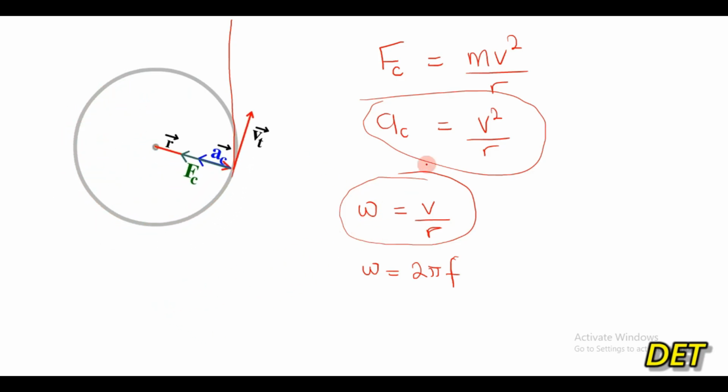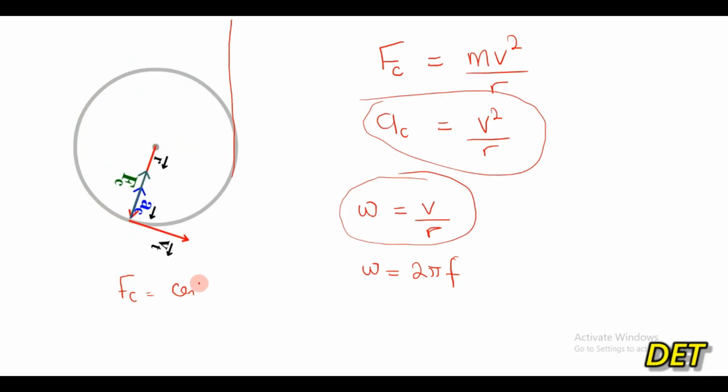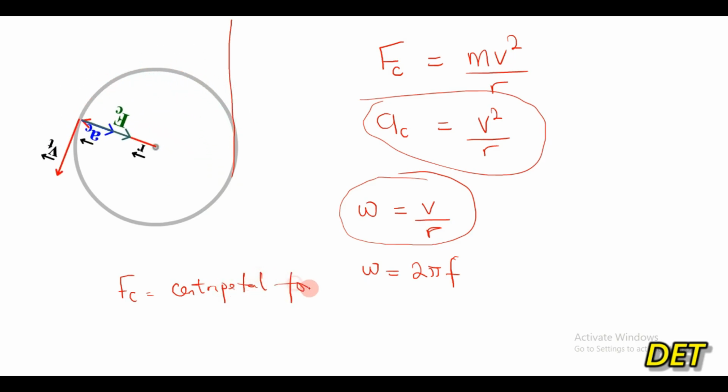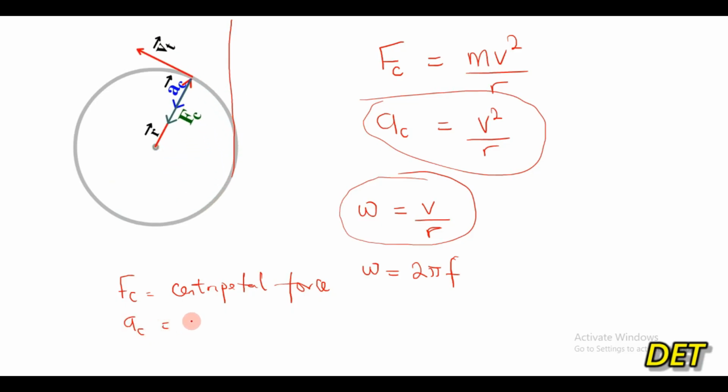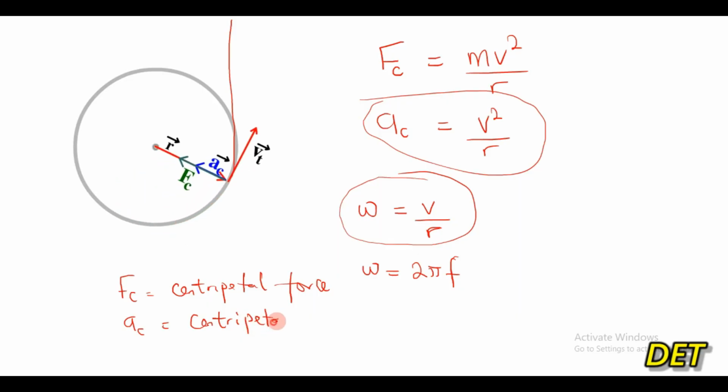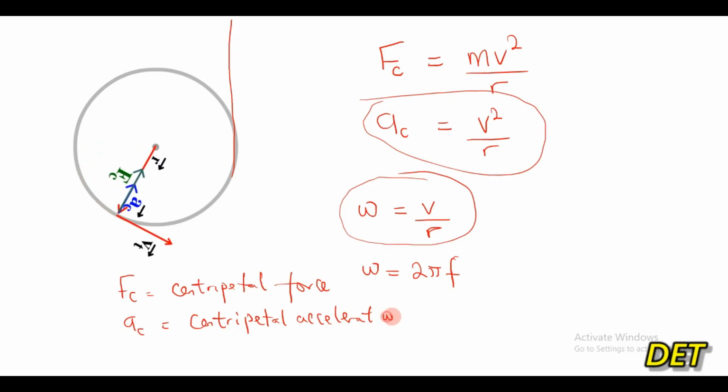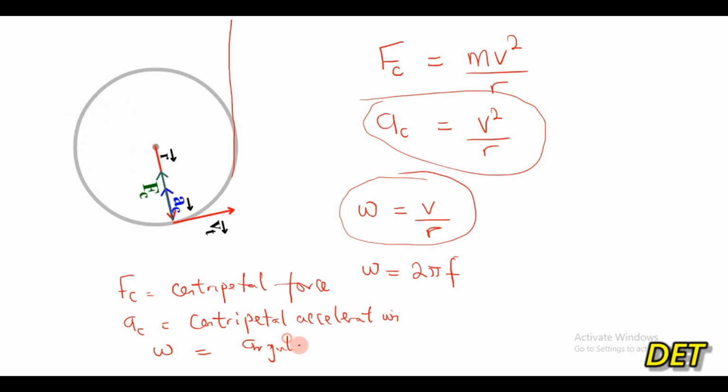So from all this, your Fc is the centripetal force, right? Your AC is the centripetal acceleration. Very important. And your w is the angular velocity.